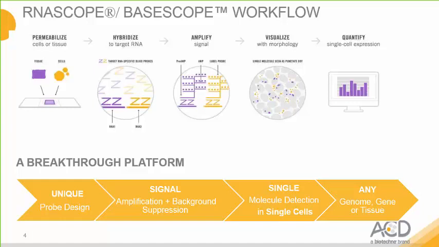Just as any in situ assay, RNAscope assay involves permeabilizing properly prepared samples to allow complementary oligo probes to bind to RNA target of interest. Specific signal is amplified using the double Z probe system, which is subsequently detected and quantified. The assay is extremely universal as well as rapid and scalable.